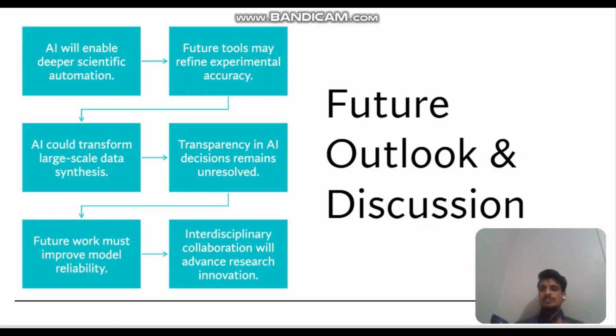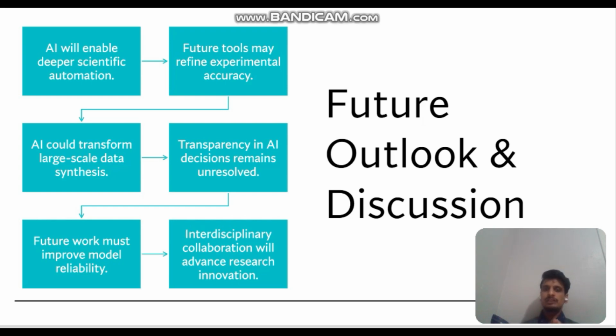But what is the future outlook like? What are we going to see the AI do in the future? The AI will enable deeper scientific automation, like more tasks will become automatic in the future.